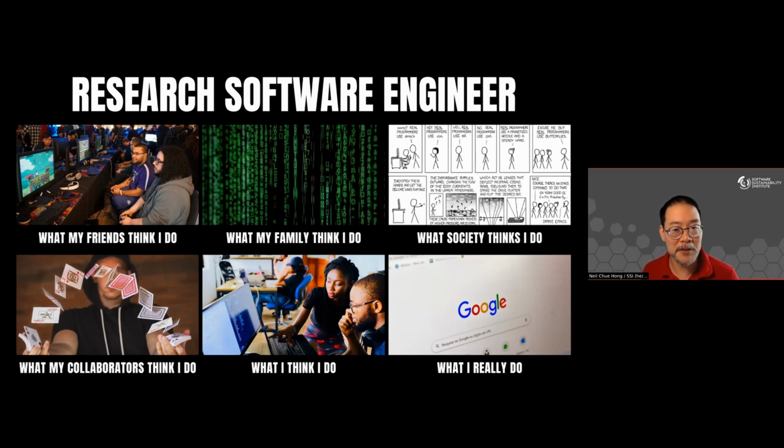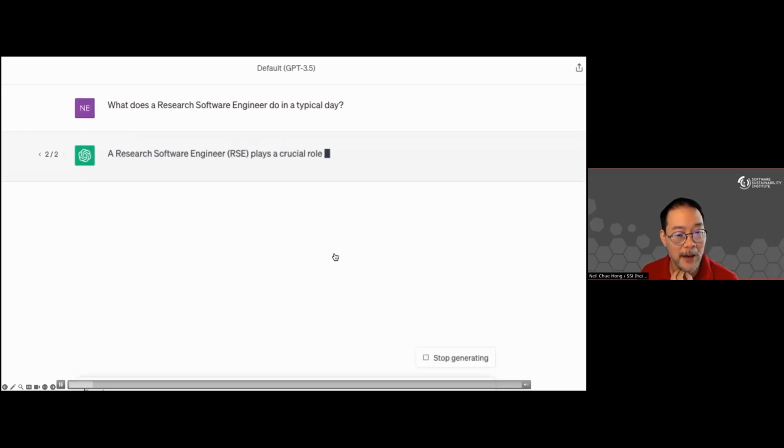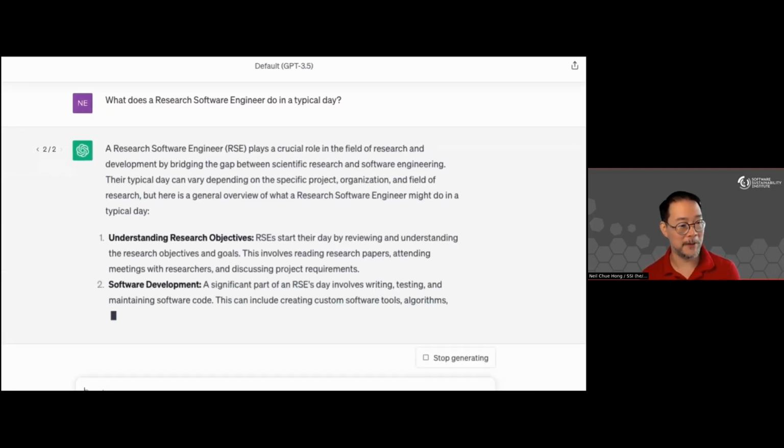So what is a research software engineer? Why is this such an important role? Well, one thing that we can do now, because we are in the age of AI, is we can look to the world's best mansplainer, ChatGPT, to try and identify what it is that a research software engineer is for. And it can do a pretty good job of looking at this.